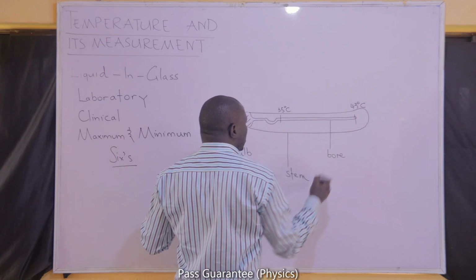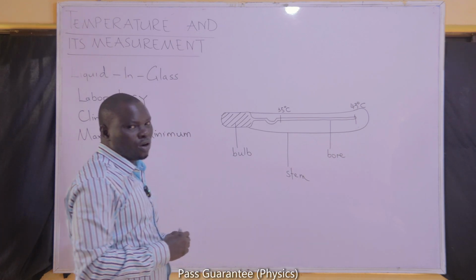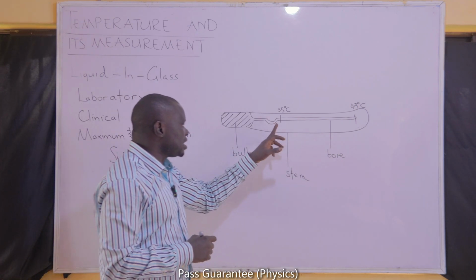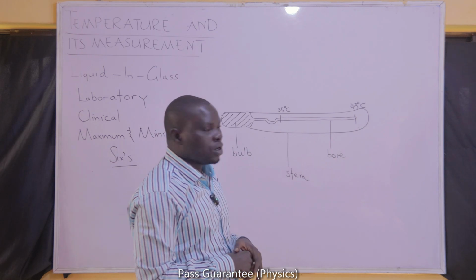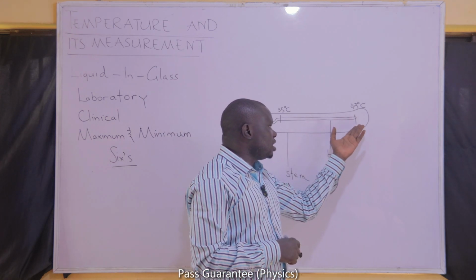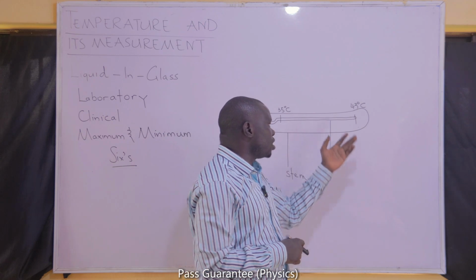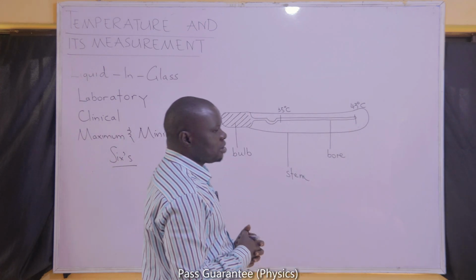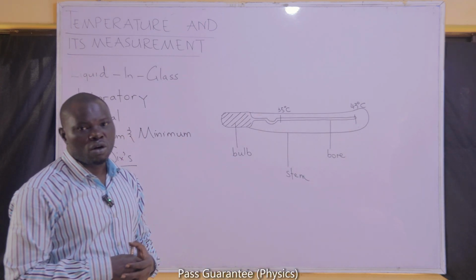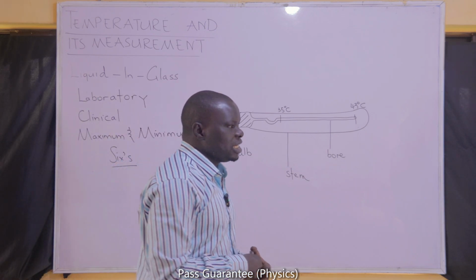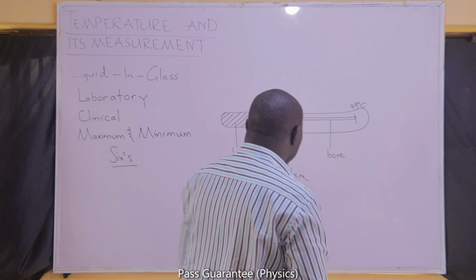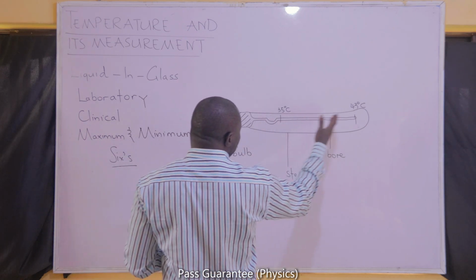Under no condition are we expecting the temperature of a person to be less than 35, and under no condition are we expecting the temperature of a living person to be greater than 43. Generally, the average temperature of a normal human, I said earlier, is around 37 degrees Celsius.